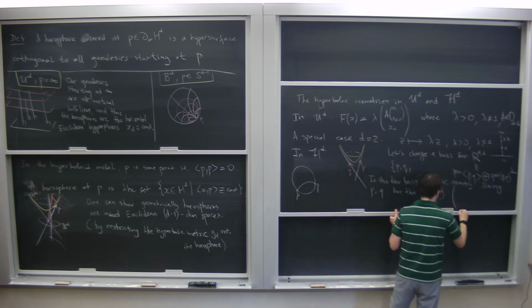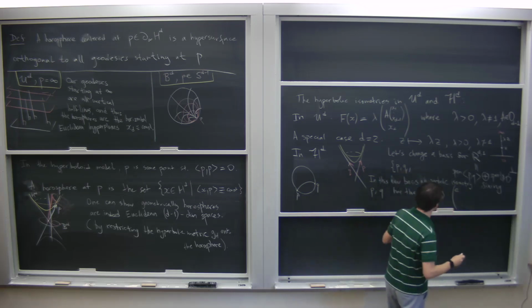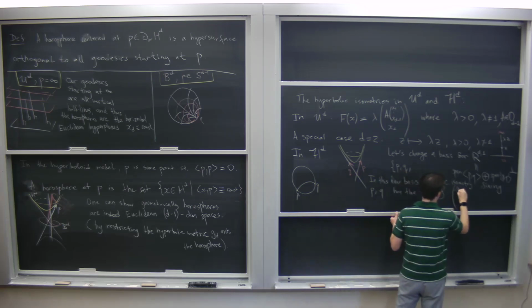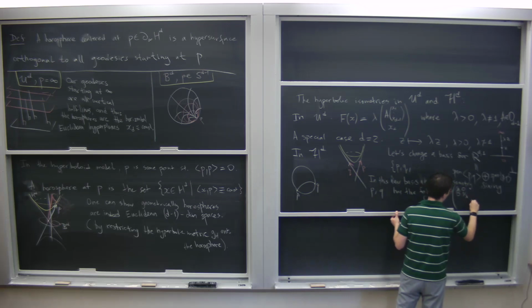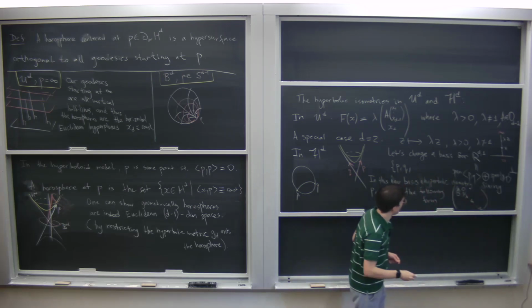It is the diagonal matrix with lambda, 1 over lambda, and the remaining coordinates are 1.